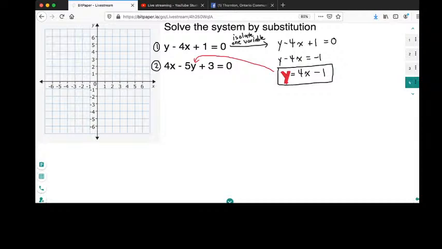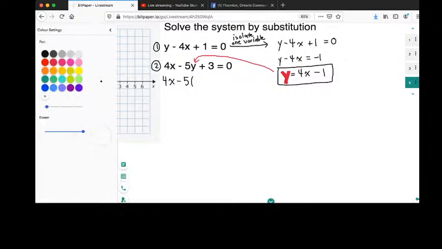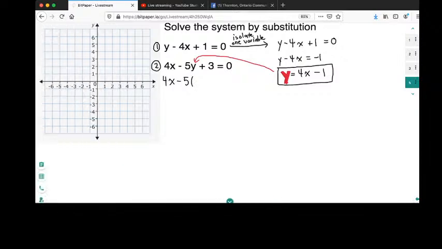So now let's look at equation 2. It's 4x minus 5y plus 3 equals 0, right? So if I'm substituting for y, it's going to look like this. 4x stays the same, minus 5 stays the same. The only thing that's going to change is that I'm going to put my answer for what y equals, which is 4x minus 1, right here instead of y.